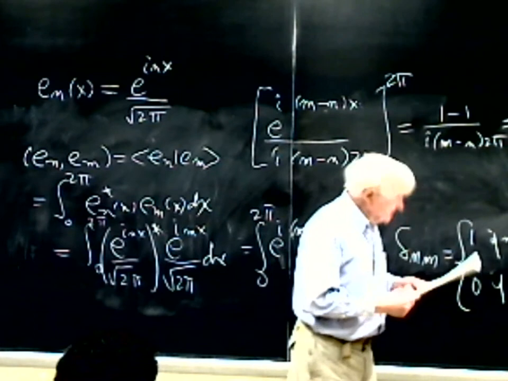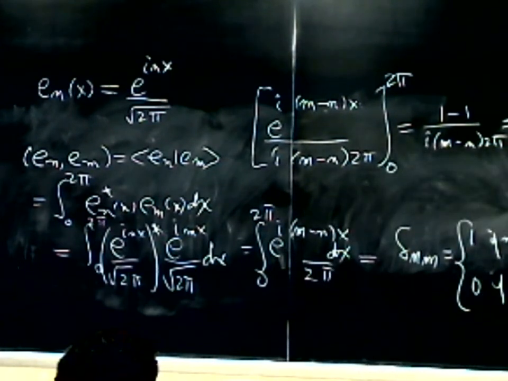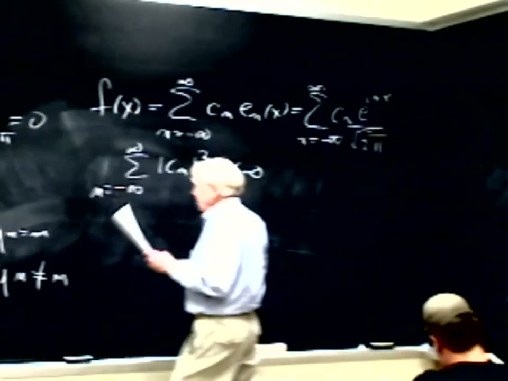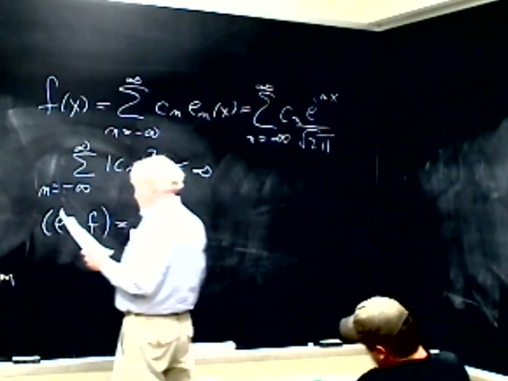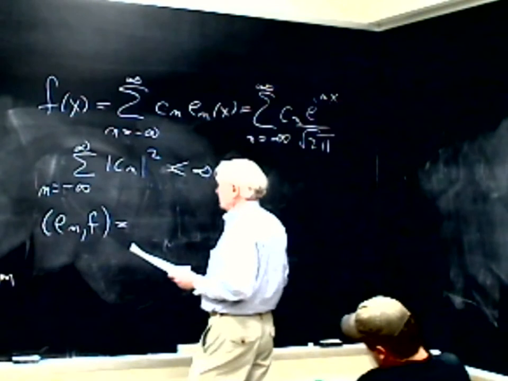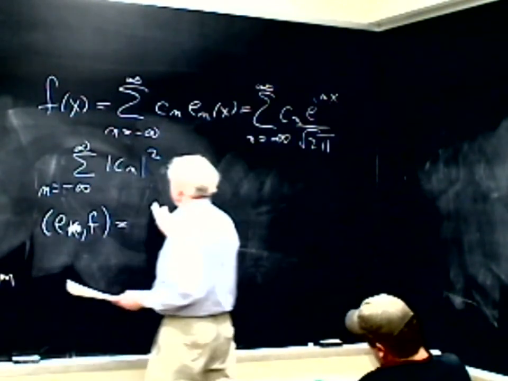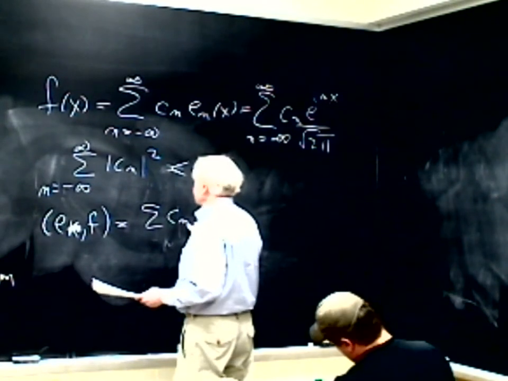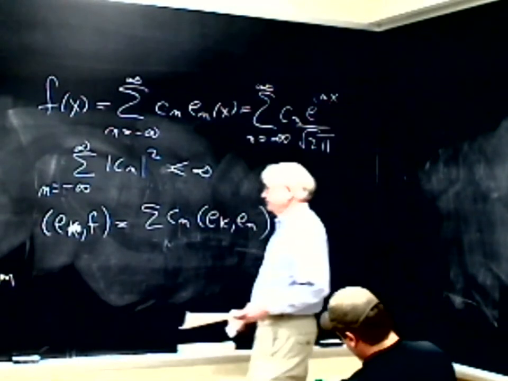All right, now let's find out what the relationship is between the function and the coefficients. Well, to do that, we take the inner product of e n with f, or let us say instead of e n, I'll just take it as e k. Well, this is a sum. This is the sum of c n times the inner product of e k with e n.